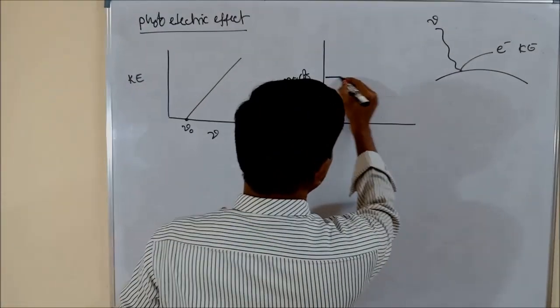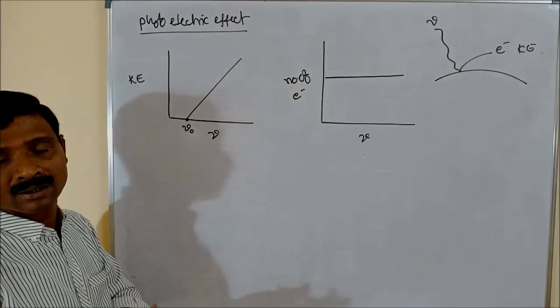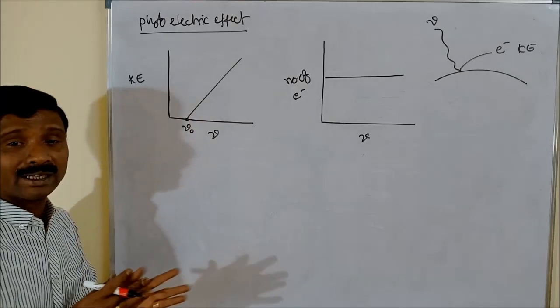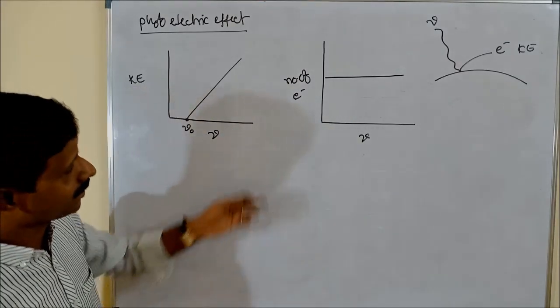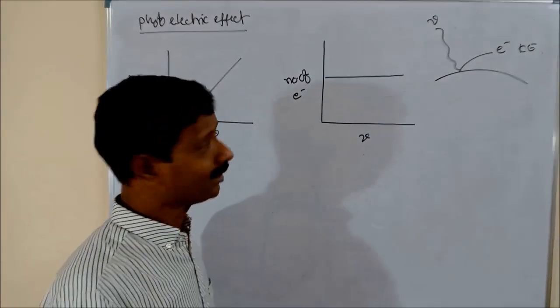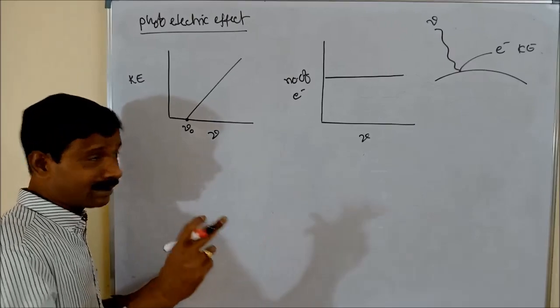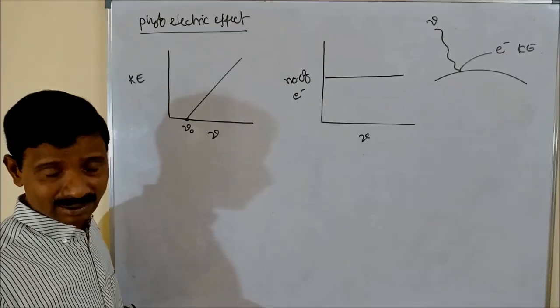So here we will get the graph in this way. So here two statements. Kinetic energy of the ejected electron depends on the frequency of the incident light, whereas the number of electrons ejected is independent of the frequency of the light. So like that, statement-wise, we will get the questions. For that, you should remember the graphs.